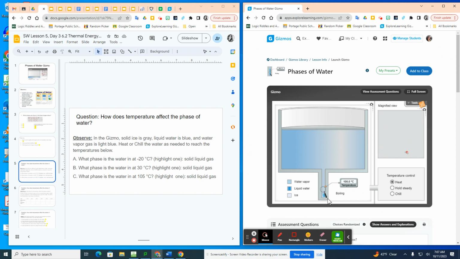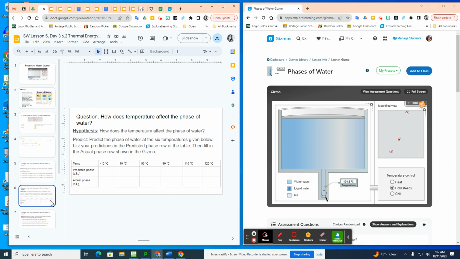Losing water, we are gaining water vapor. One 105. All right. Good enough. Okay. So now what phase are we in? Notice what color it matches for letter C.